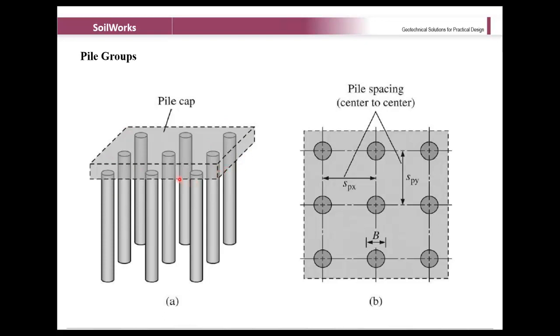This particular pile group will act like a group. It will be resisting a load that is more than the summation of the resistance of each and every pile. So the group capacity is very, very high when compared to the summation of the capacities of each and every pile.